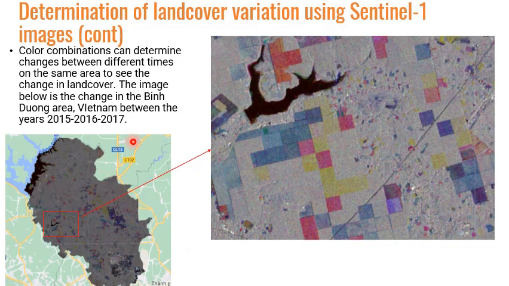Here is an example of land cover change using Sentinel-1 images. Here is one image in Bình Dương province of Vietnam, but in this area we make a combination of 3 types of images. The first is 2015, the second is 2016, and the last one is 2017 of Sentinel-1 images.